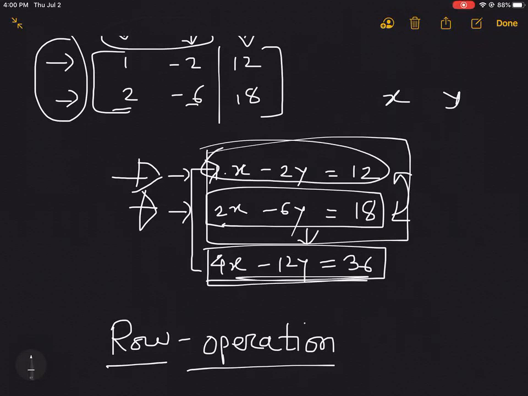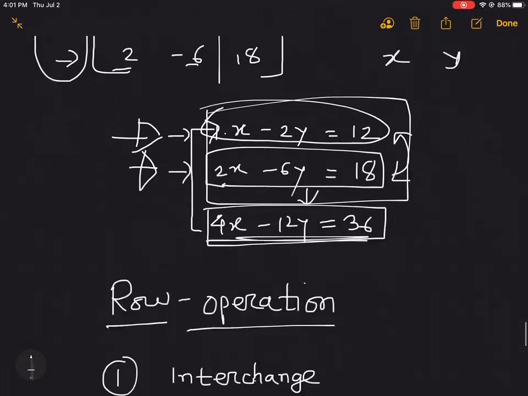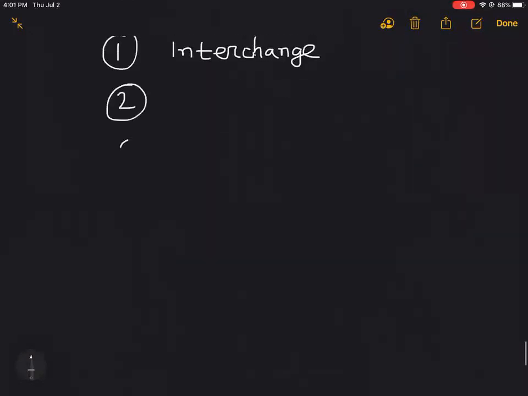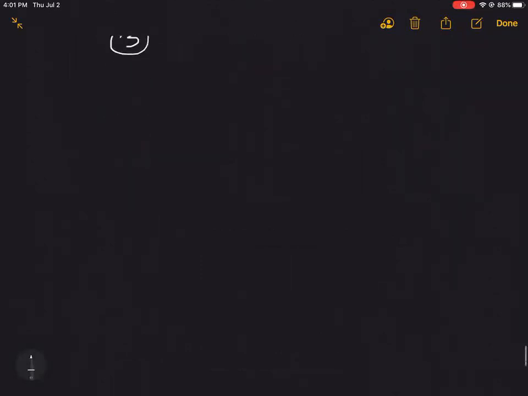Okay, now let's take one example and see how we can do row operations.